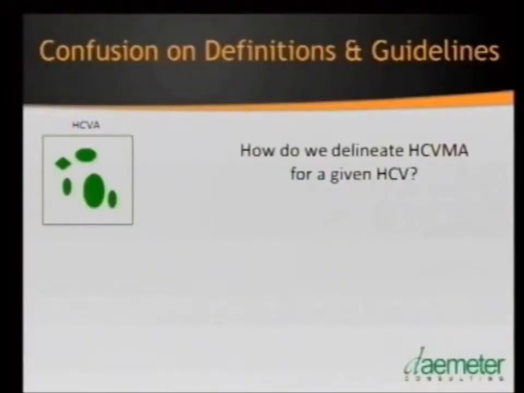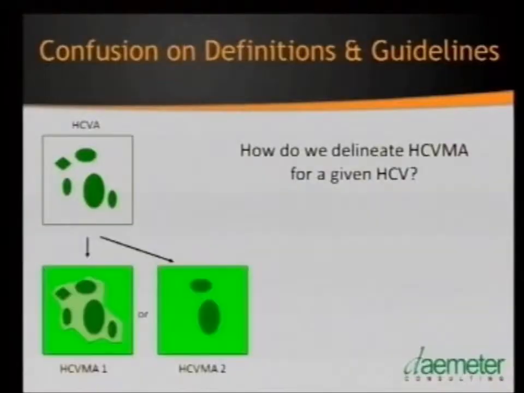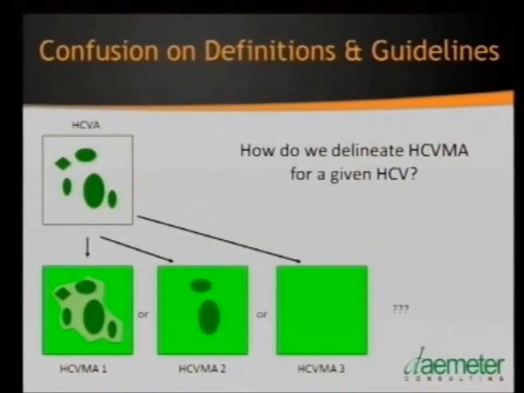Some assessors might say, well, we need to retain all of them and we need to work proactively to restore connectivity. There are others who might say, well, we're going to maintain these large ones that have the highest possibility of longevity and lasting into the future, and that will be what we maintain and everything else could be converted. Or you might have assessor groups who would say, you know what, they're all small, degraded, fragmented, where's the value over the long term, so let's clear them and plant them to oil palm.